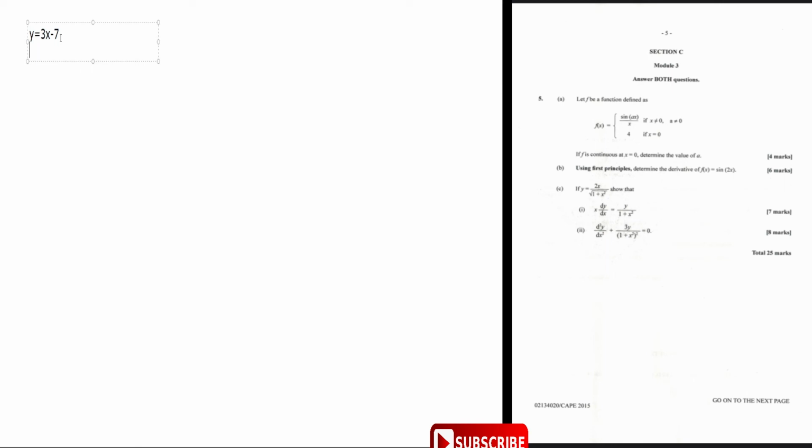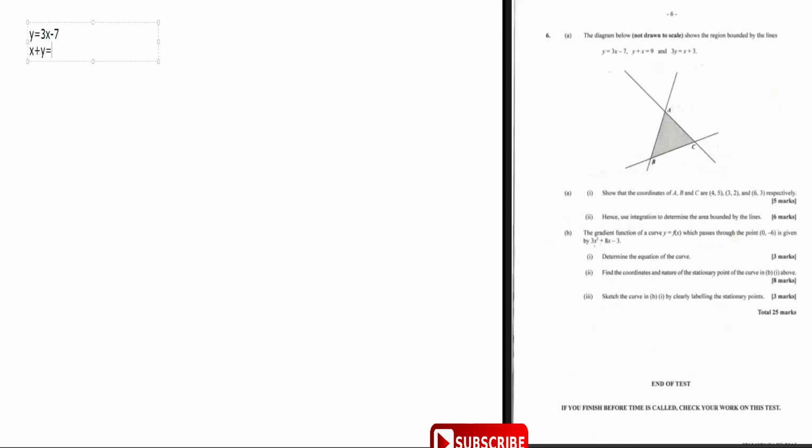So y is 3x minus 7. The other one, if I make y the subject, the one that says x plus y is 9, tells me that y is equal to 9 minus x. And the final one tells us that 3y is equal to x plus 3.